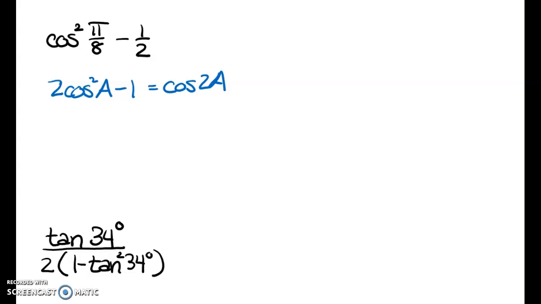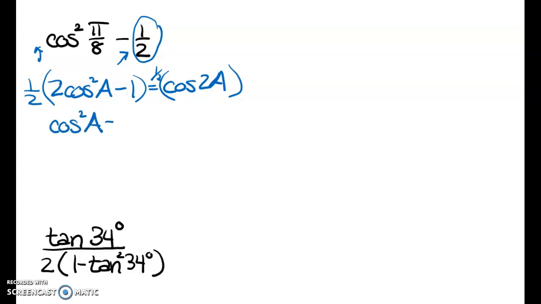But I want you to notice we're missing the 2 here, and this is not a 1, it's a 1/2. So this number here actually gives us a clue as to what they did to this equation. They divided both sides by 2 or multiplied both sides by 1/2 to get a brand new identity that looks like this.